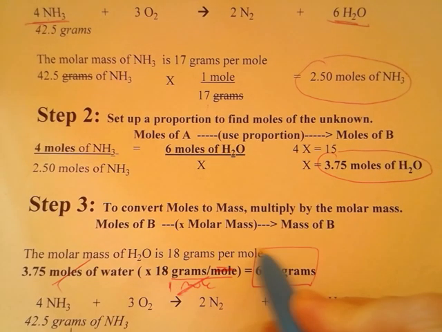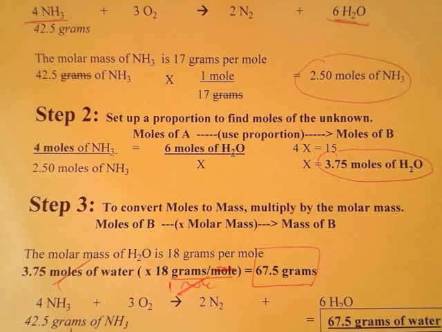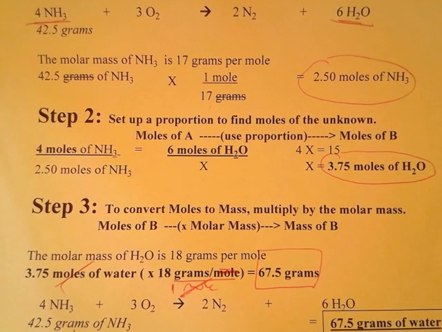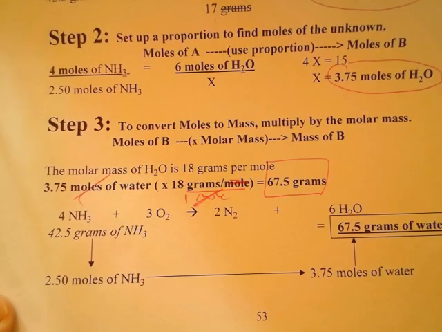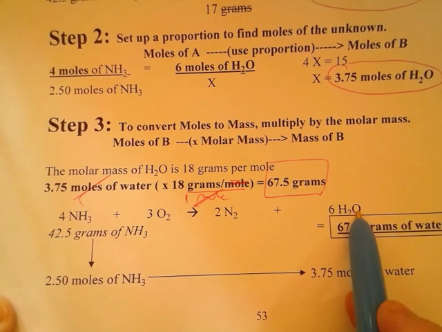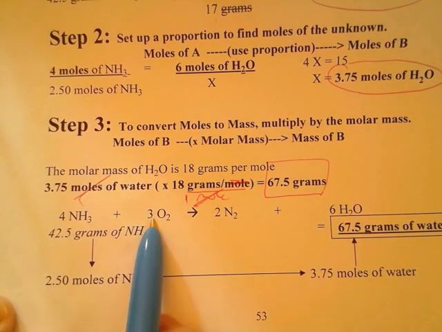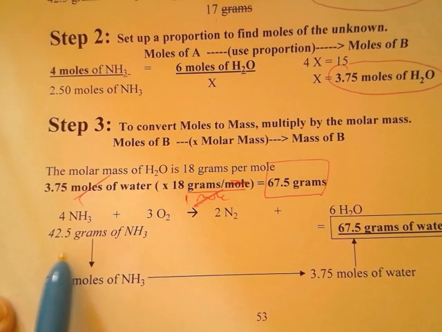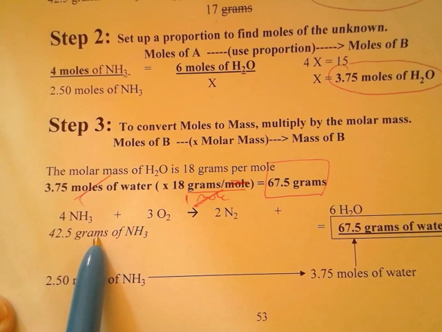Now, let me show you the whole thing as one picture. Here was the original reaction. 4NH3 plus 3O2 goes to 2N2 and 6H2O. And here is what I started with, 42.5 grams of ammonia. Step 1, I converted grams to moles by just doing a conversion, and I got 2.5 moles of ammonia.